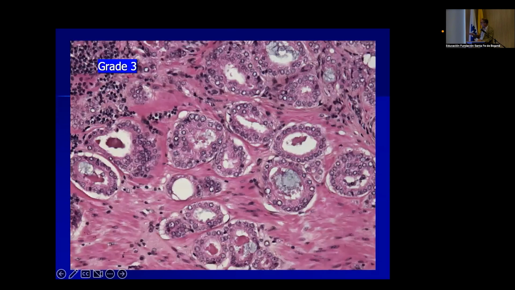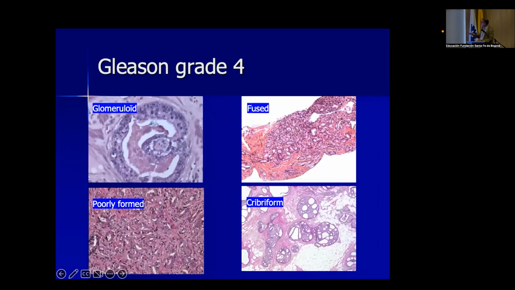Here you see an illustration of a grade 3 with these small glands and always this stroma in between each gland. So this is typically grade 3. For grade 4, we have four histological appearances. One is the glomeruloid, the one that moved in the 2005 definition between grade 3 and grade 4. It looks like glomeruli in the kidney.